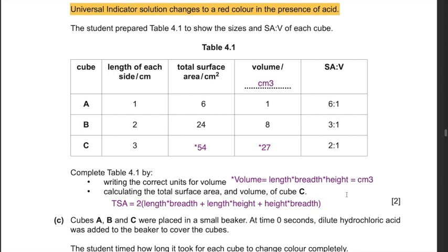So length times breadth, that is 3 times 3, plus length times height, that is again 3 times 3, plus height times breadth, which is again 3 times 3. So 3 times 3 is 9. So 9 plus 9 plus 9 would leave you with 27. And 27 times 2 leaves you with 54. Therefore, the total surface area is 54 centimeters square, and thus earning you your 2 marks.